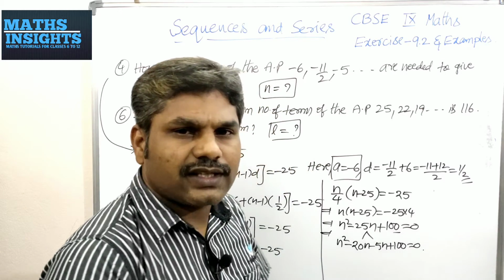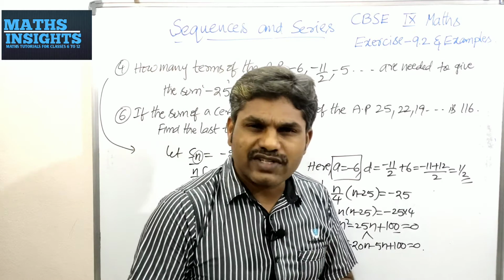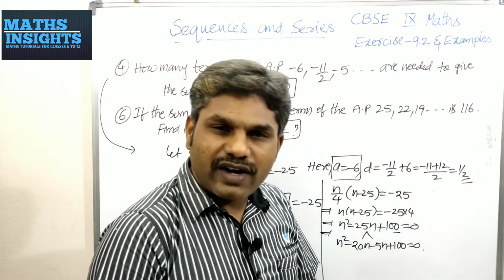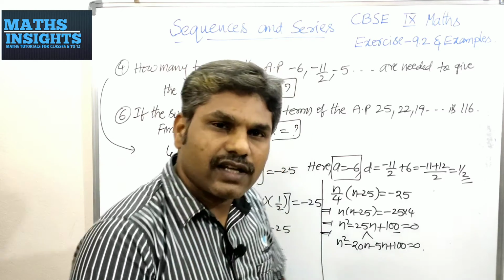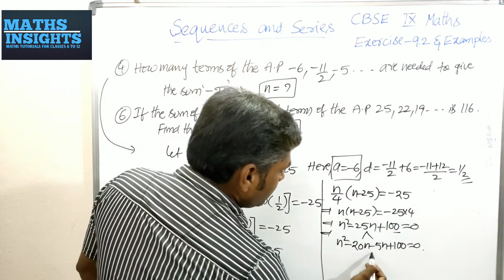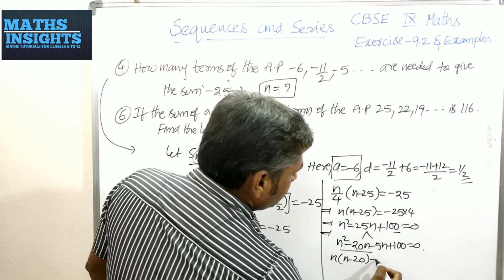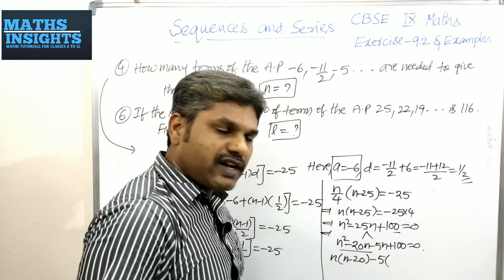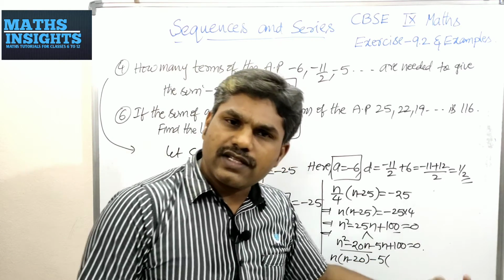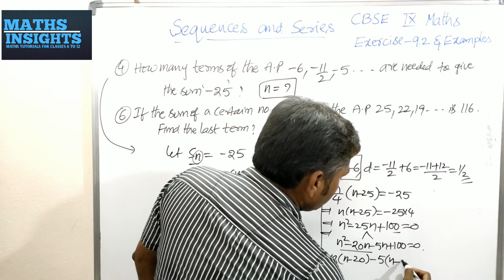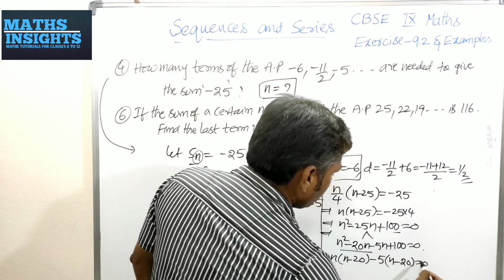I am not discussing the theory of quadratic equations now. All of you know how to split the middle term of any quadratic equation. I will discuss it in coming chapters. Okay, from the first two you will have n common, therefore n minus 20, minus 5, if you take minus 5 common in the next two terms, it will also become n minus 20, that is equal to 0.